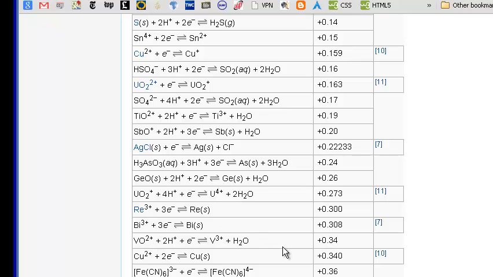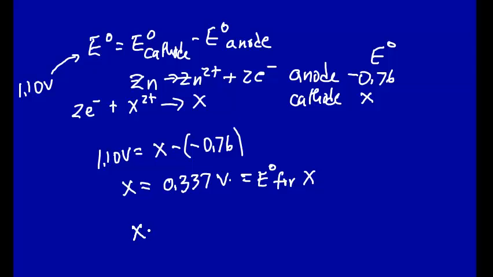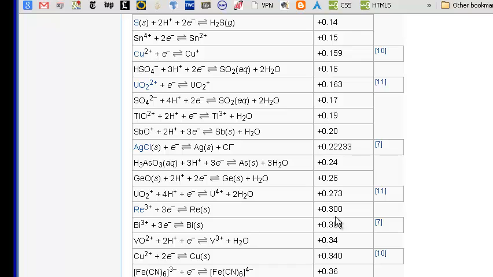We actually have two choices here. We might as well take copper because we don't know what vanadium oxide 2 plus really is. So, well, I suppose we should put them both down. So X could be copper 2 plus, or that vanadium oxide 2 plus, because both of those have a standard cell voltage of 0.34. Could be one of these two things here.